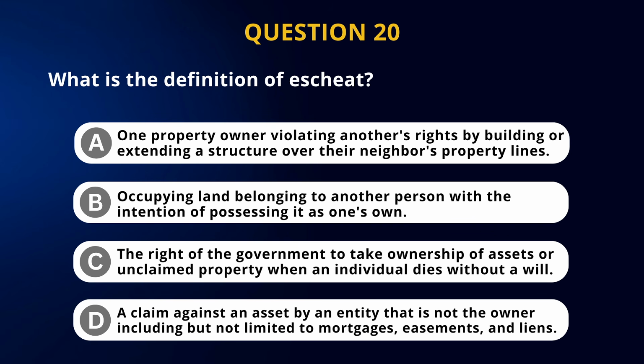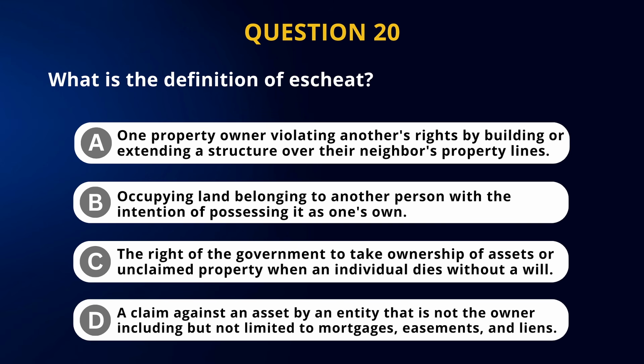Letter C, the right of government to take ownership of assets or unclaimed property when an individual dies without a will. Letter D, a claim against an asset by an entity that is not the owner, including but not limited to mortgages, easements, and liens.